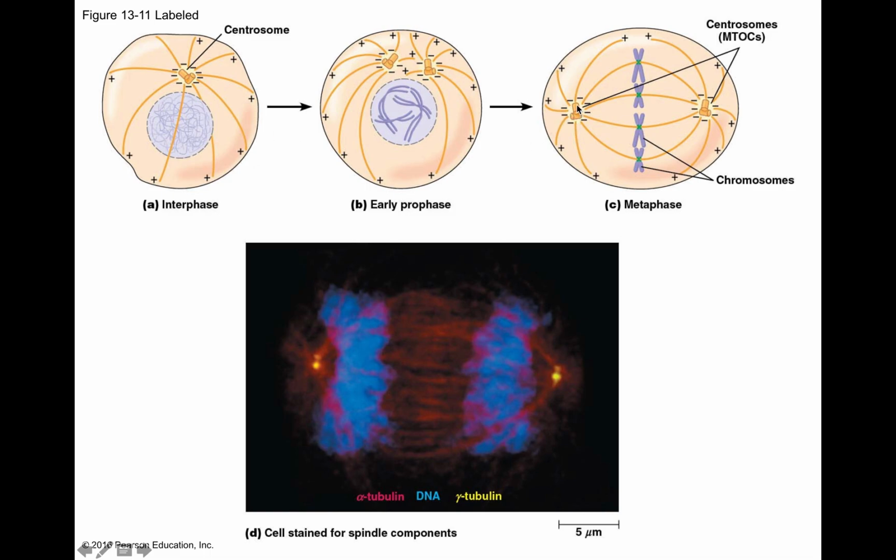And during metaphase, you'll have these duplicated centrosomes forming the poles of what will be the two new cells. Both of them have their minus ends, and then microtubules growing out from them, which the kinetochore microtubules will attach to the chromosomes and start to pull those apart. So we'll learn more about that later. I just want you to know that, again, orientation of the microtubules, plus end and minus end, is important for this cell function.